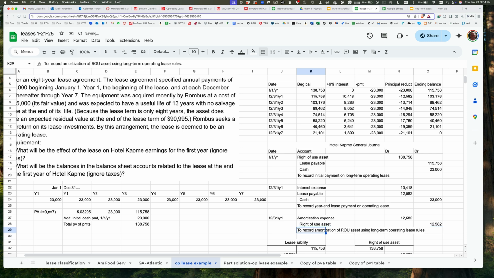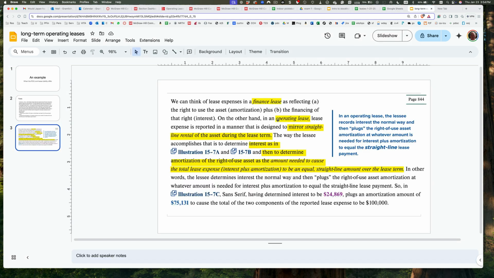And let me show you that long-term operating lease rule. If we go back over to here, and it says finance lease, we set it up as a right of use asset that gets amortized as if it were equipment itself that gets depreciated, plus the financing of that right, that is the legal obligation that has, it's a debt that we pay interest on. That's finance lease.